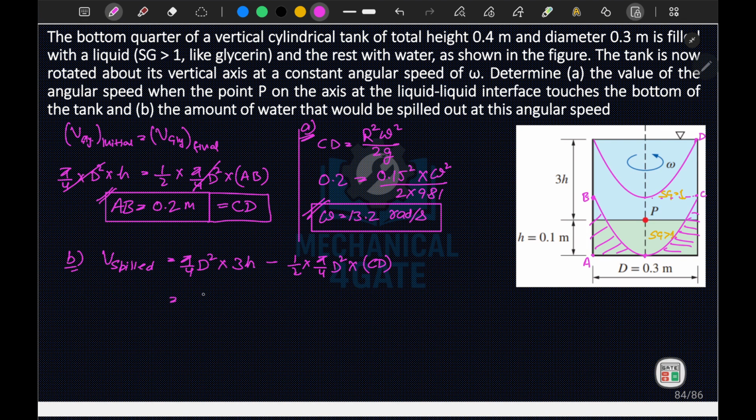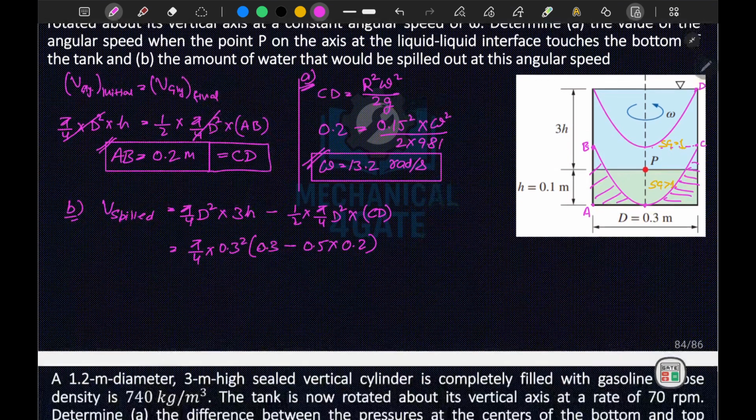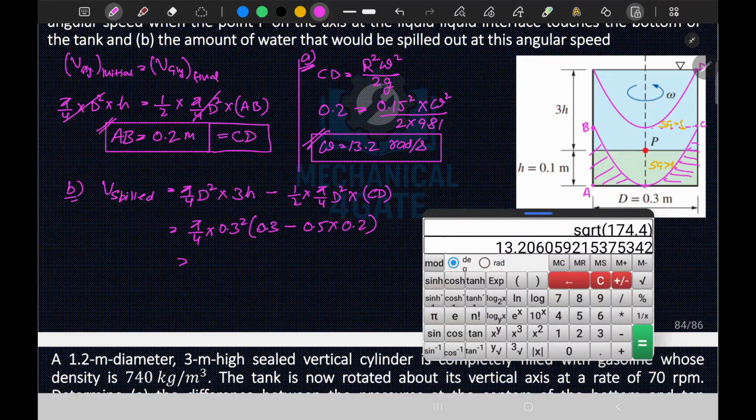This is equal to pi by 4 times d square, that is 0.3, times 3 times h, that is 0.3, minus 0.5 into CD, that is 0.2 meter. Now this is equal to pi divided by 4 into d square, that is 0.09, into 0.3 minus 0.1, that is 0.2.